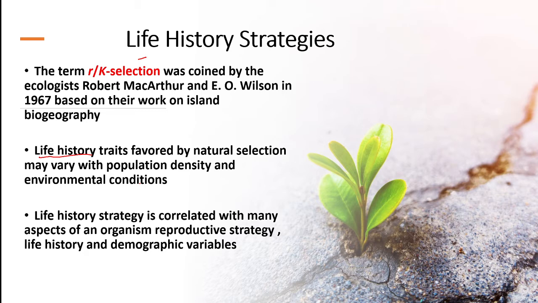In simple words, they have to achieve a balance between two opposite situations. It means the organism has to maintain a balance between growing, surviving and reproducing. That is the meaning of life history.